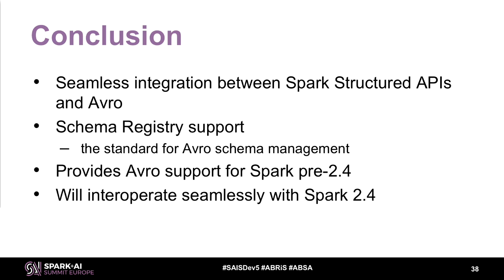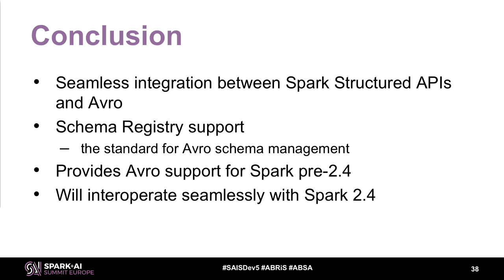It has to support schema management facilities, and the schema registry is out there to support this management, and of course we wanted it to be part of the library itself. Also, it provides Avro support for Spark pre-2.4, which does not provide these to and from Avro as built-in features.